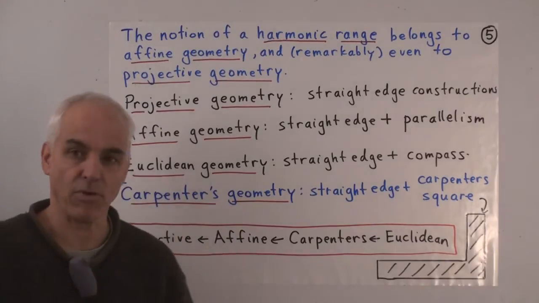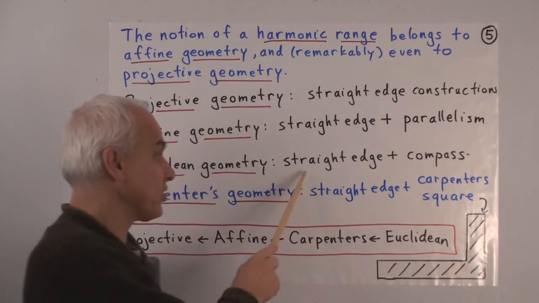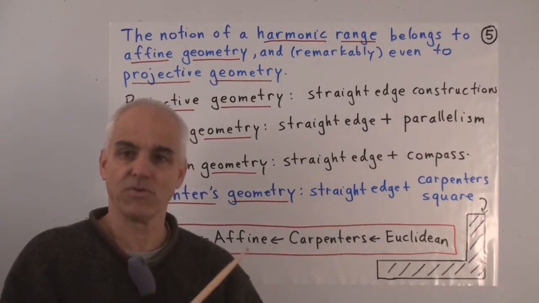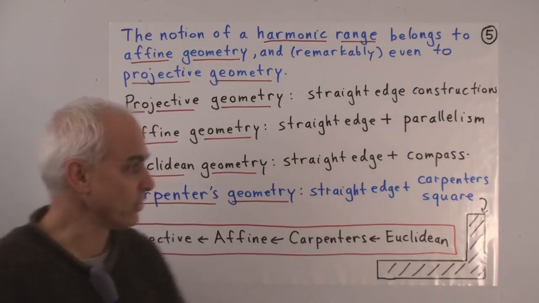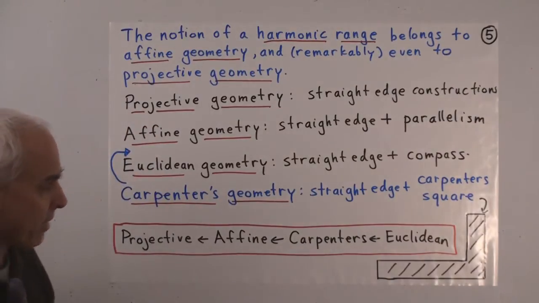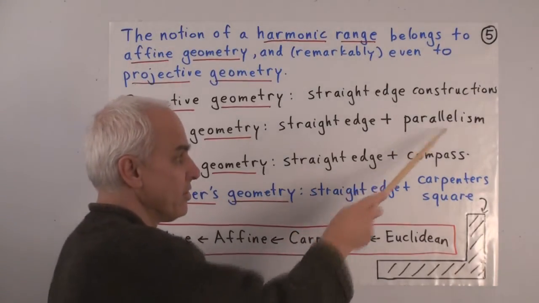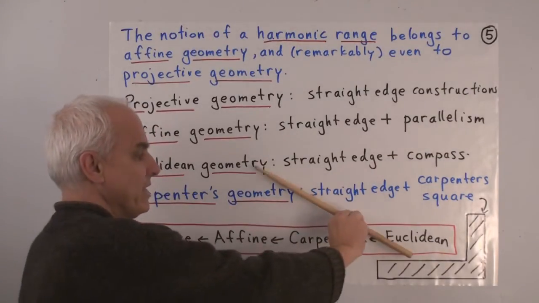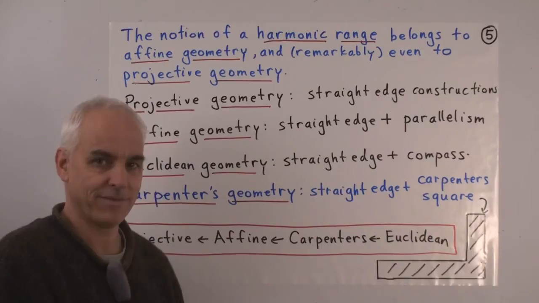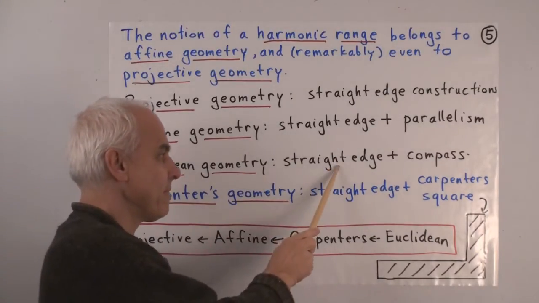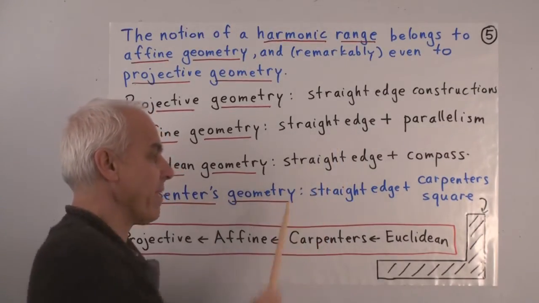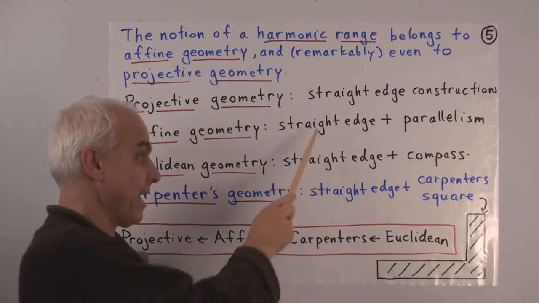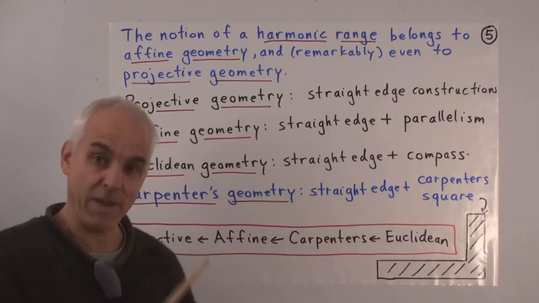Euclidean geometry, which is the more familiar one, has not only a straight edge, but also the compass, and with all the constructions that the ancient Greeks did with those 2 things. Now with the compass, you can not only get parallel lines, but you can also construct perpendicular lines. So that's a way that Euclidean geometry differs from affine geometry. In Euclidean geometry, you have perpendicular lines. In affine geometry, you don't. You only have parallel lines.